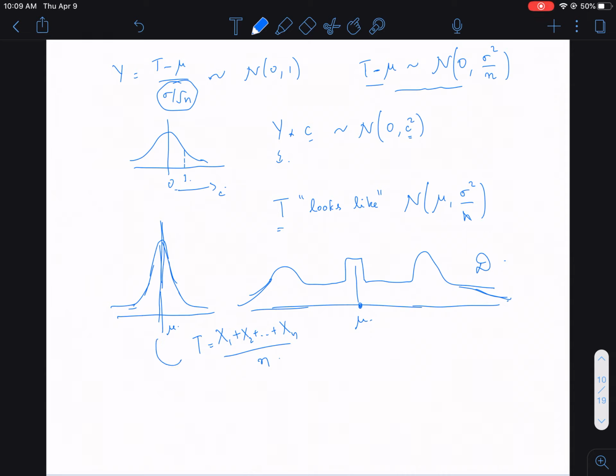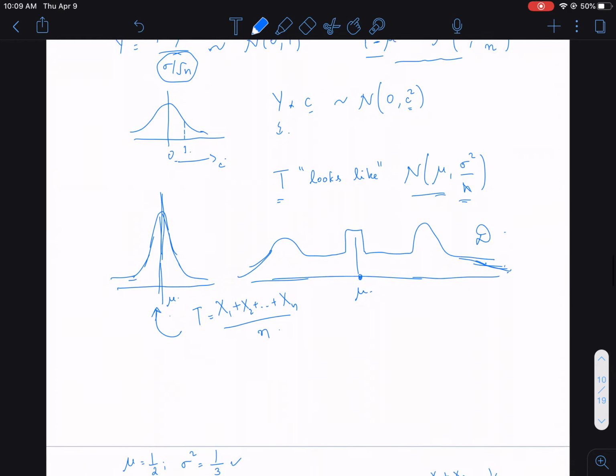Then the distribution of t looks like this. That's a very surprising fact if you think about it, because this does not look anything like the normal, and yet it is supposed to look like the normal with mean mu and variance sigma squared by n.